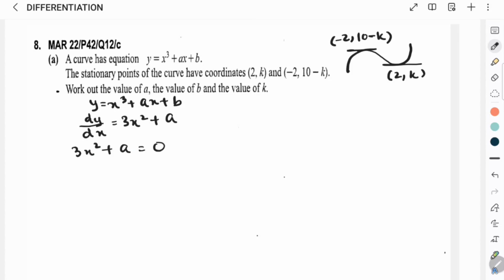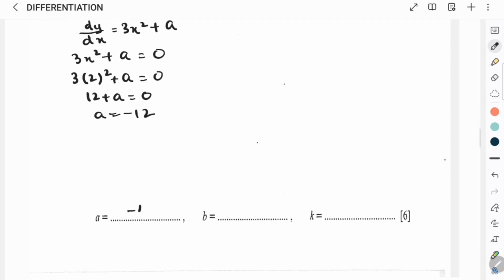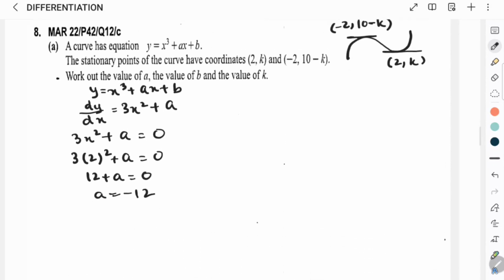For one of the stationary points I'm using 2 here, because at x equals 2 the gradient is 0, so 3 times 2 squared plus a is equal to 0. 4 threes are 12 plus a equals 0, and a is equal to minus 12. So I found the first coefficient, minus 12. It's a 6 marks question.